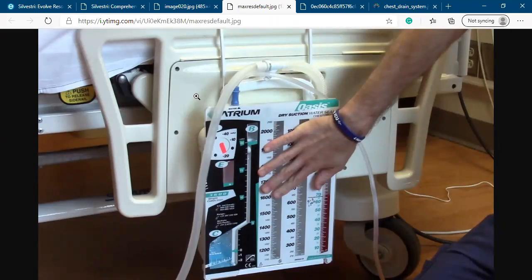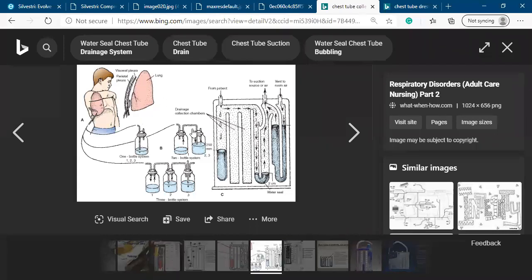Also, the client will have an occlusive dressing at the insertion site, where we put in the chest tube. In this picture, the chest tube is put here, right?